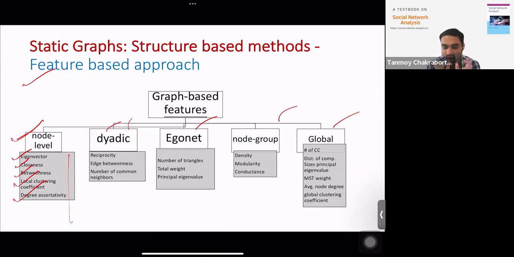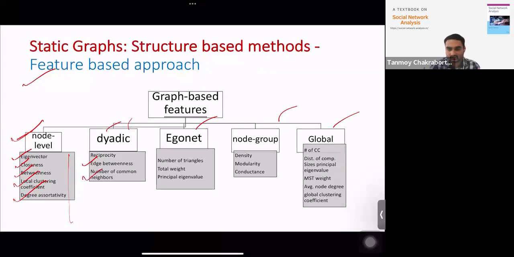So it's a property of a pair of nodes, a dyadic property. Similarly, edge betweenness, because an edge ultimately connects two nodes. So whatever features you extract for a particular edge are essentially dyadic features, because those features take into account two nodes. So edge betweenness centrality is a dyadic feature.